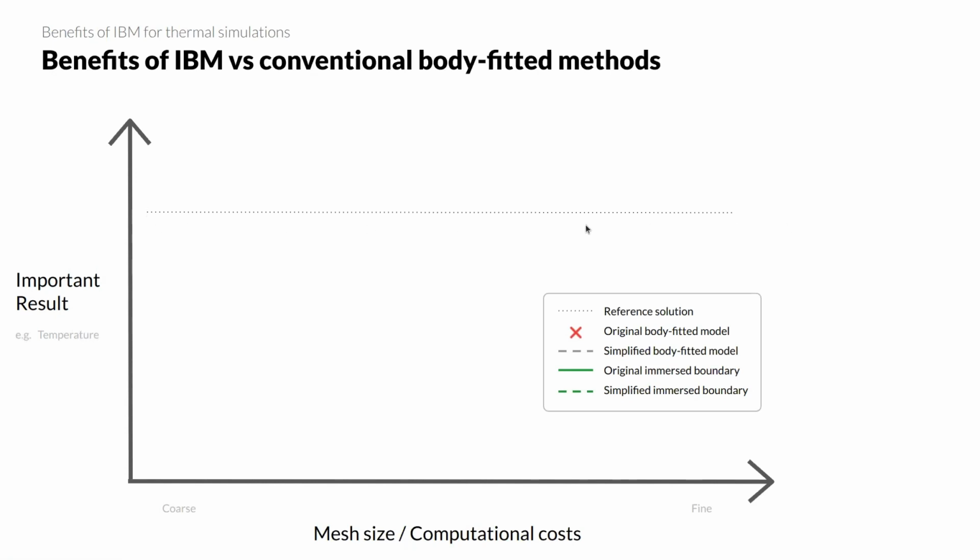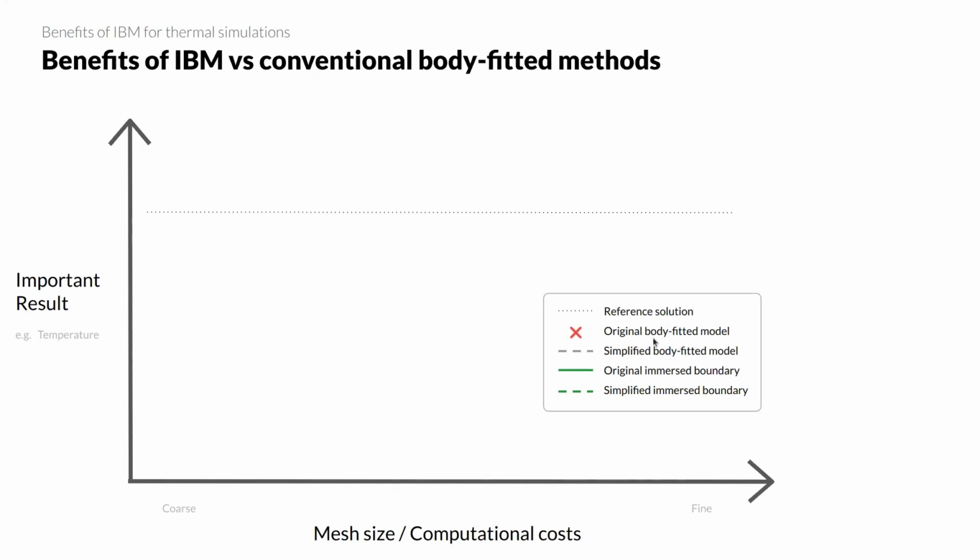Now, I also plotted here a reference solution that might come from tests or from other sources. And I've listed here simulations based on the original and simplified model for both methods, the body fitted and the immersed boundary method.